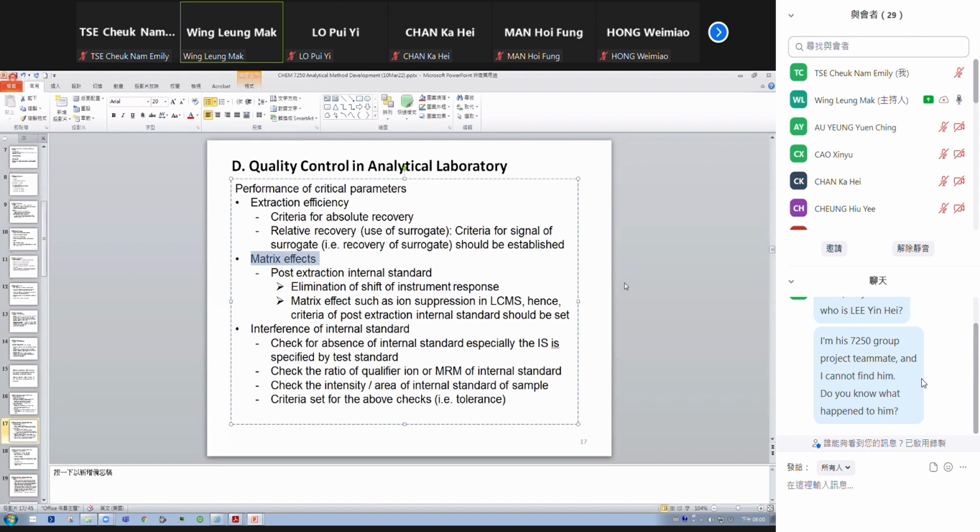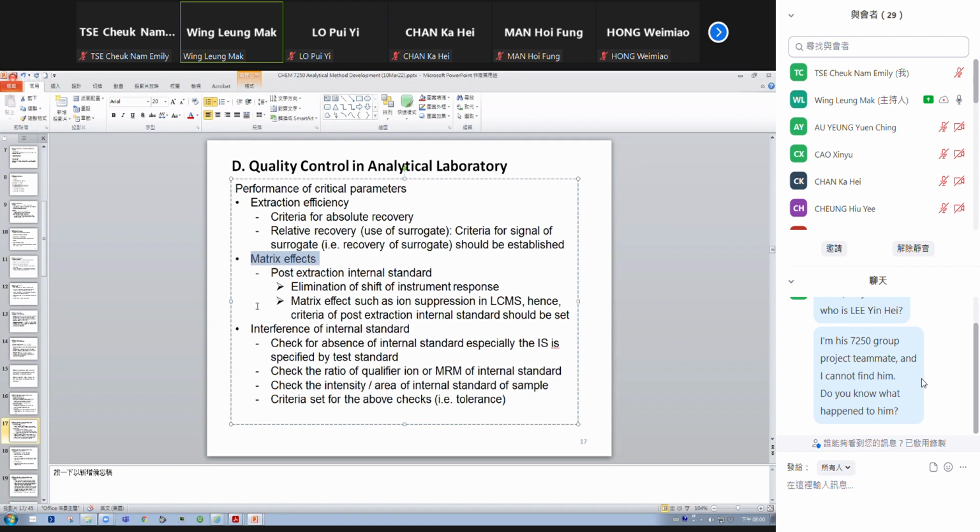We don't know. So when we conduct method validation, we need to learn about the matrix effect, okay? And then the recovery can tell.